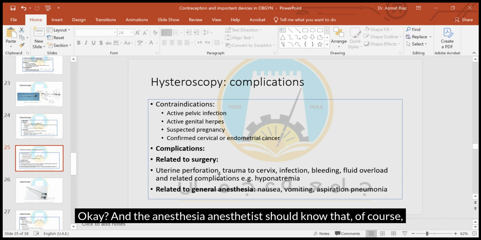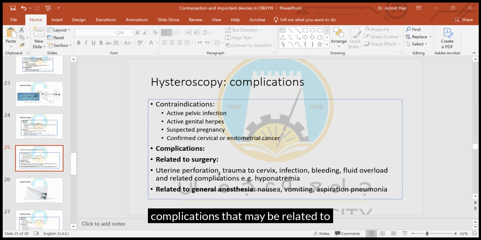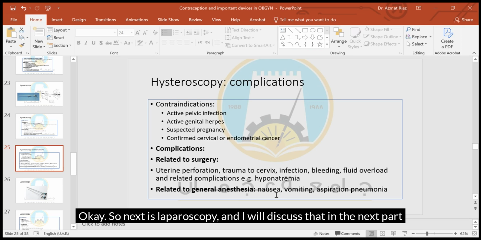Okay, and the anesthetist should know that. Of course, if a patient all of a sudden starts to have fits or some severe complications, that may be related to this severe hyponatremia and fluid overload. Okay, so next is laparoscopy, and I will discuss that.